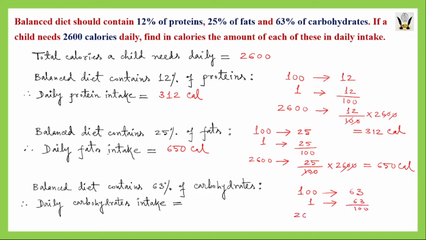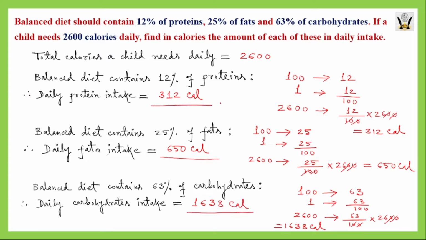Out of 2600, which is fixed and is the reference here, we are finding this. So that will be 63 divided by 100 multiplied by 2600. Here you have to multiply 63 by 26, and that will be 1638 calories. So daily carbohydrate intake is 1638 calories.